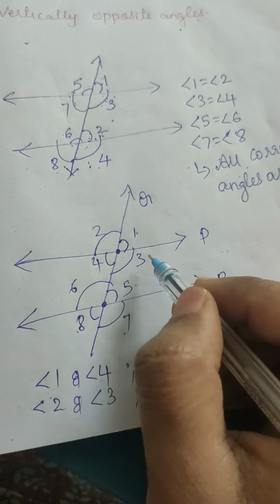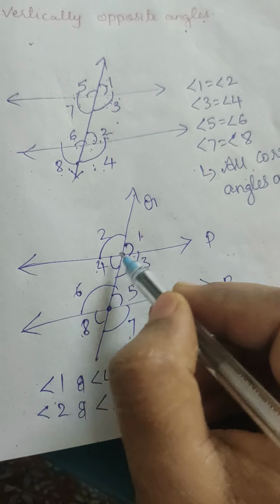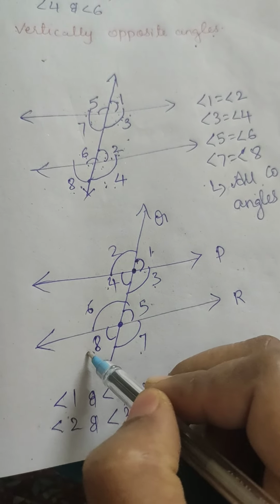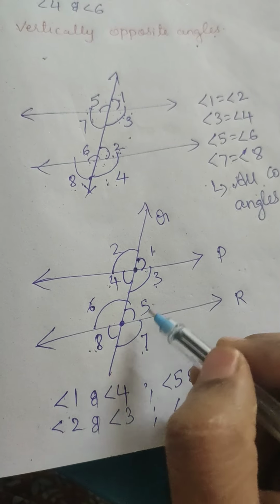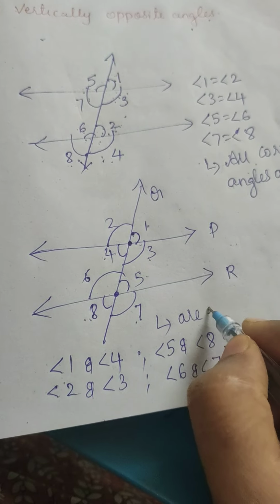If we observe keenly, we can notice that 1 and 4 are equal. These angles are equal. 2 and 3 are equal, 5 and 8 are equal, and 6 and 7 are equal. That is, vertically opposite angles are equal.